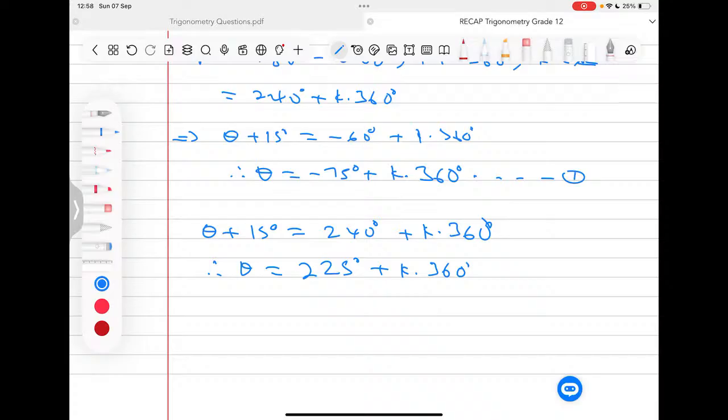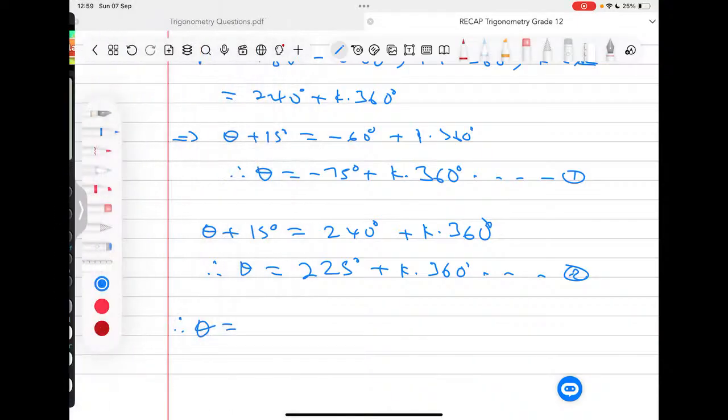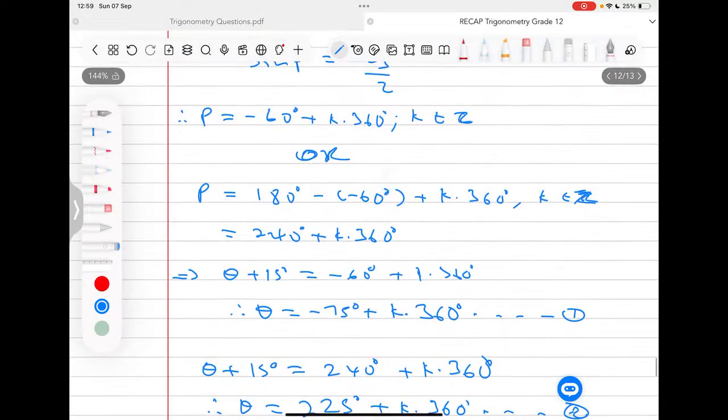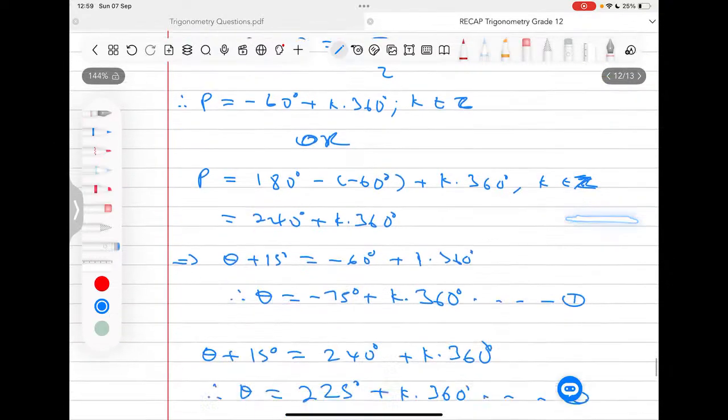Right? And we then have to find our values of theta. To find our values of theta, we just use a calculator. I'm going to use equation 1 and equation 2 to do that. So we're having negative 75 here plus, remember, I'll start with a 0 here on the K. Remember, they said here we have to move from 0 to 360, right?